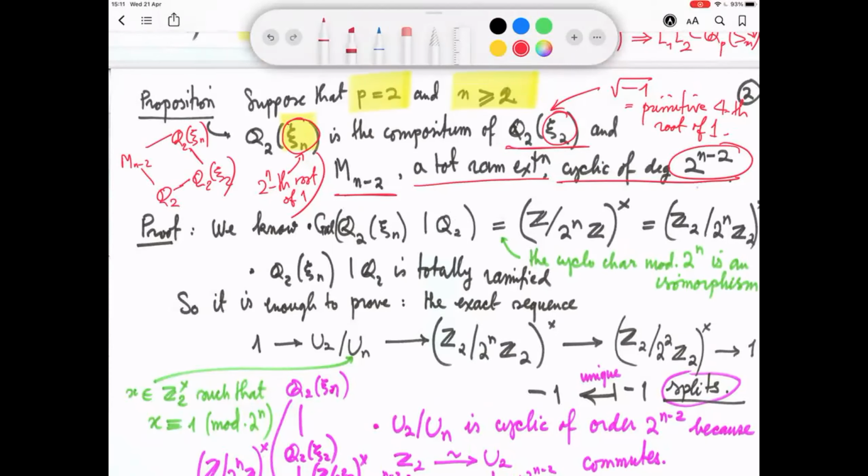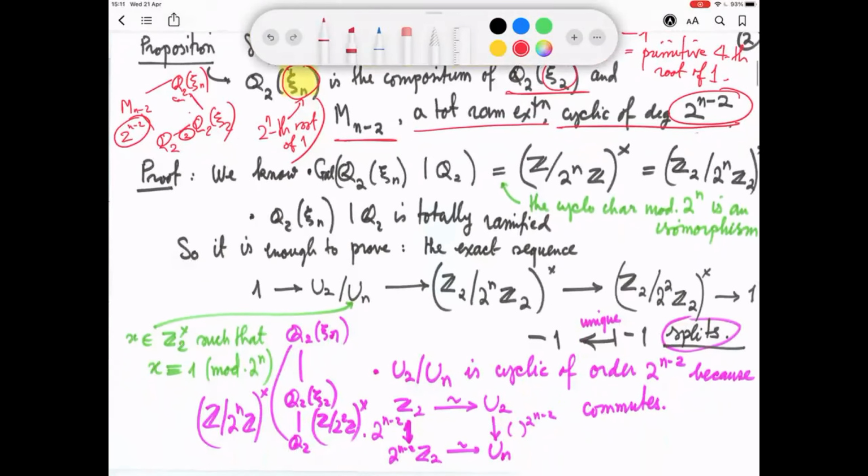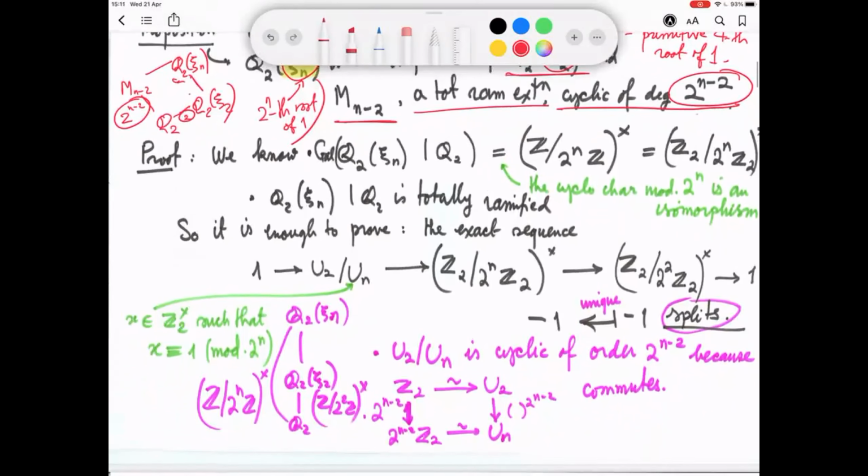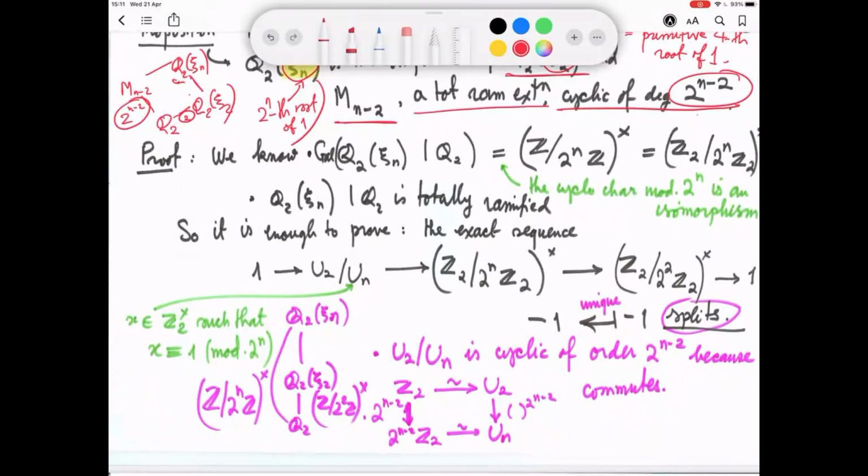This is of degree 2, and this is of degree 2 to the n minus 2. And they are linearly disjoint, and this is the compositum of these two extensions. Now that's more or less obvious if you know the following facts.